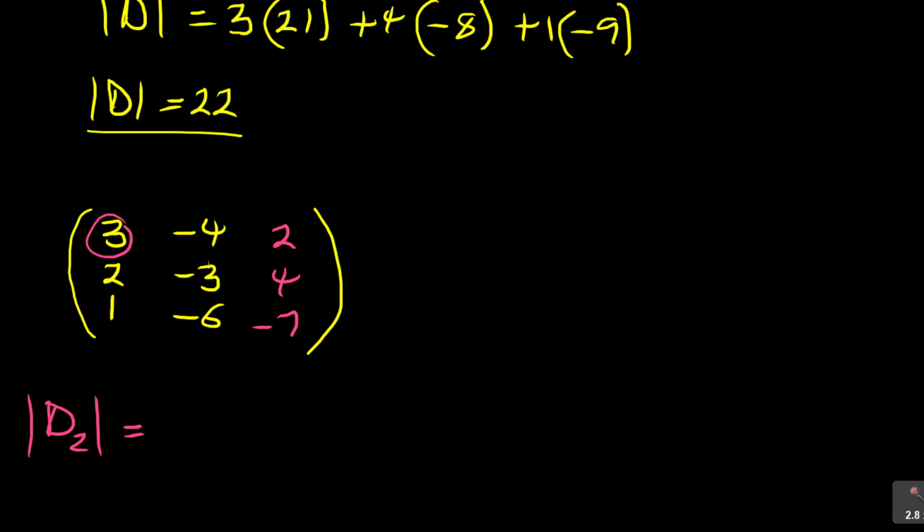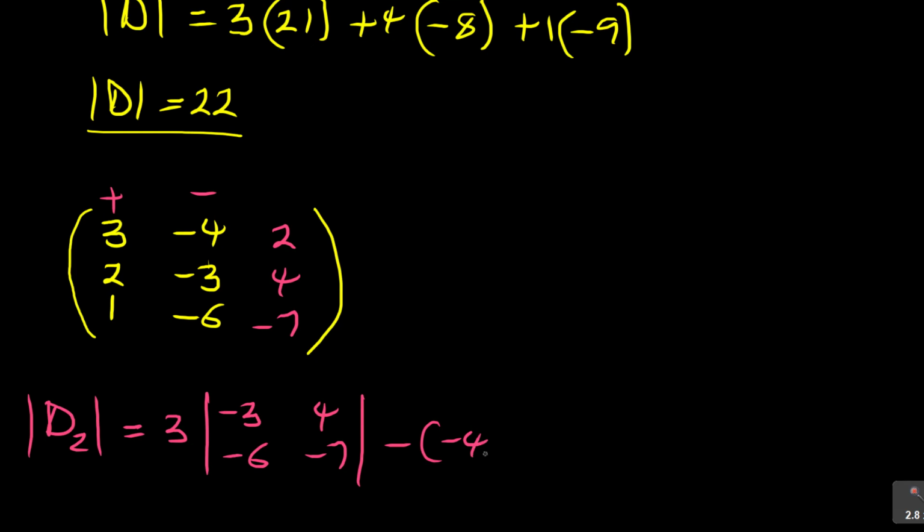Similarly, I've got 3, minus 3, minus 6, 4, minus 7. You see that? So it's 3, remember, is positive. And then I've got minus 3, minus 6, 4, minus 7. Now from positive, it's negative.